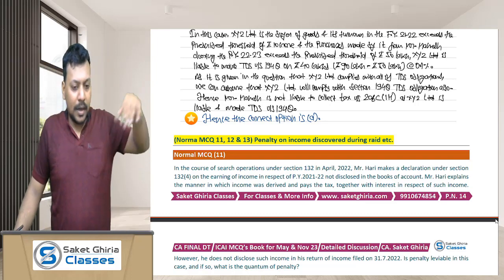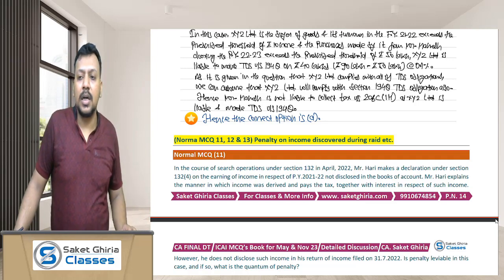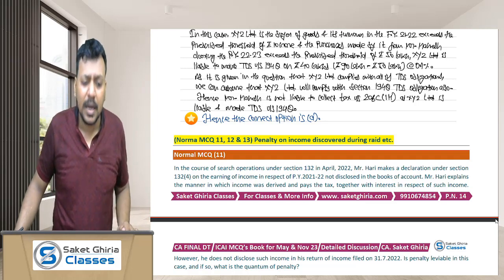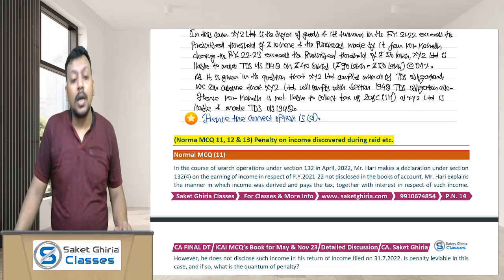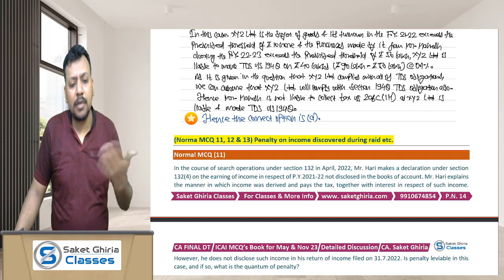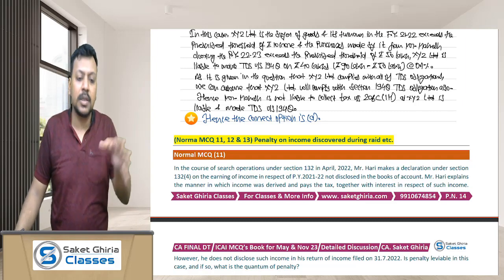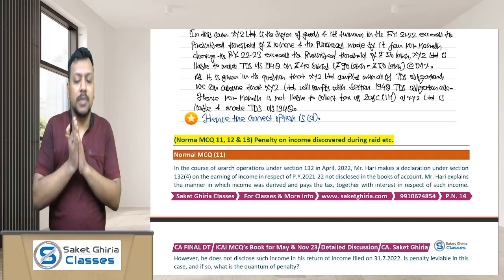Let's say a raid has occurred in the premises of Mr. A, and unaccounted money of say rupees 1 crore has been discovered during the raid. Should penalty be levied on Mr. A? Yes, sir. If there is no penalty, then everybody will conceal income, and whenever there would be a raid, no issue because there is no penalty. So penalty is a must.